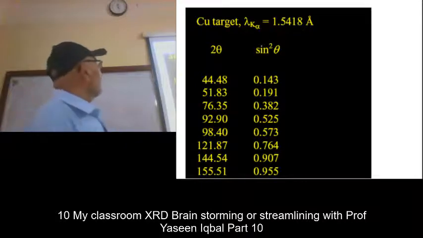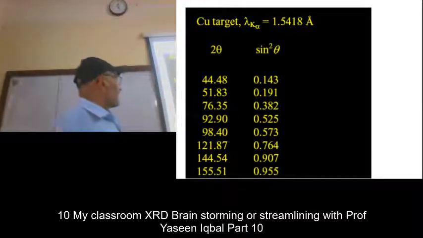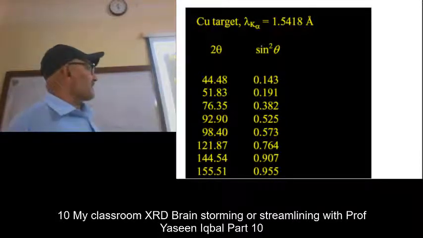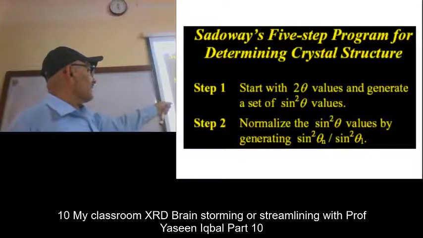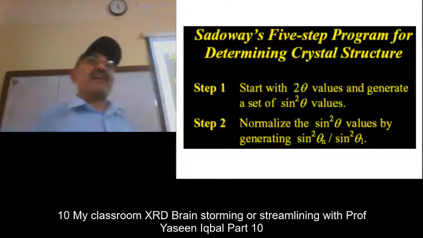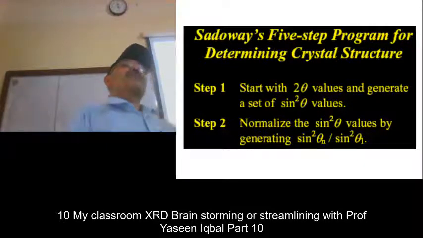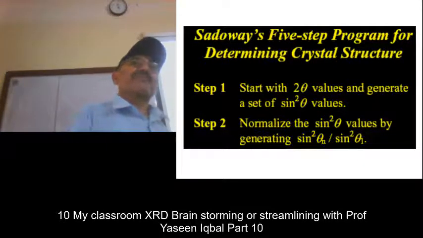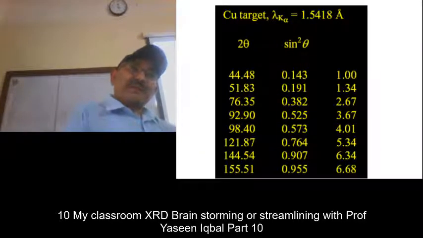Then, the second step is to normalize the sine square theta values by generating sine square n theta over sine square 1. Right? Divide all by 0.143. So he got 1.34 and values like that.